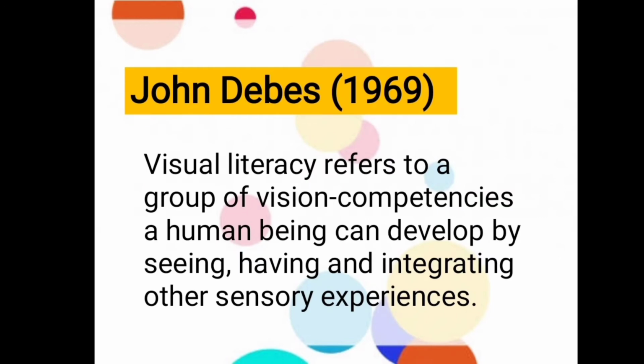The term was first coined in 1969 by John Debes, who was the founder of the International Visual Literacy Association. He explained that visual literacy refers to a group of vision competencies a human being can develop by seeing, and having, and integrating other sensory experiences.